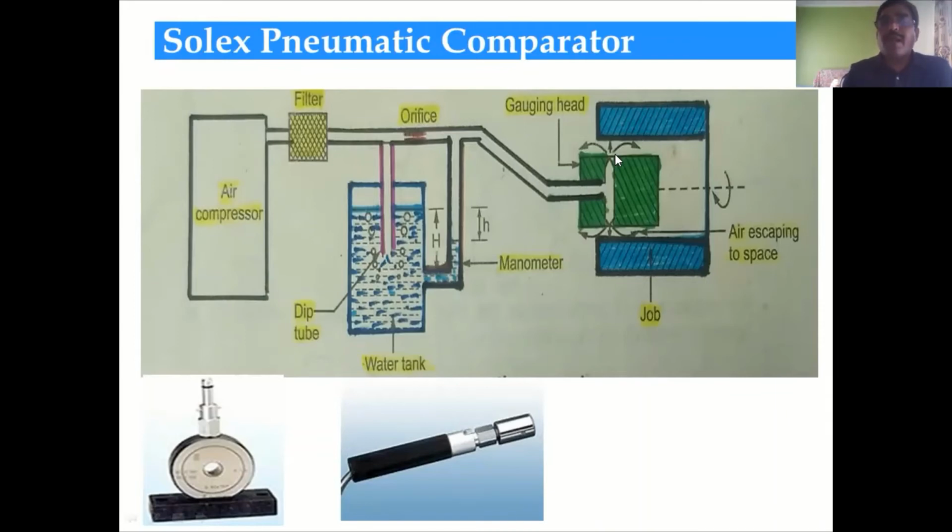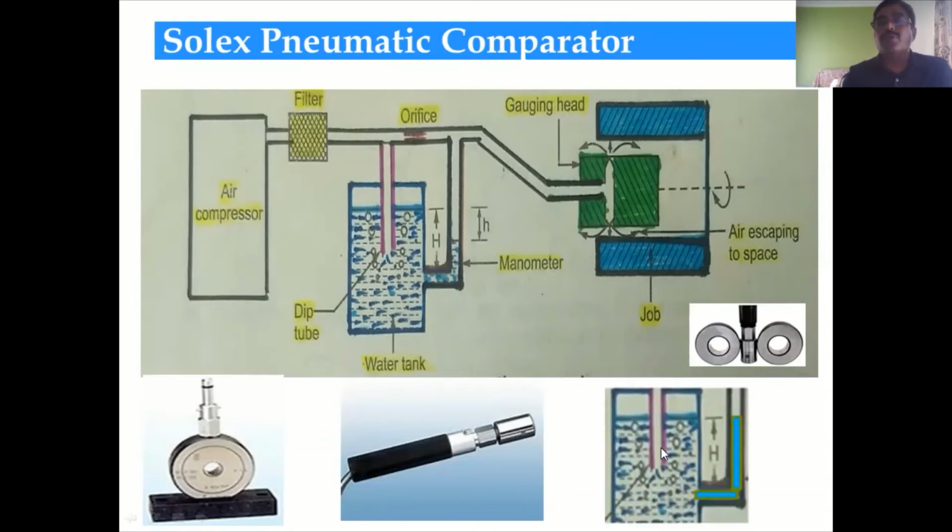Now, my friend, what happens here? First of all, this plug gauge has to be set with the master ring. When you set this, the level in the manometer tube and the level in the water tank will be the same, right? That is very important. Then we can replace it with the component.